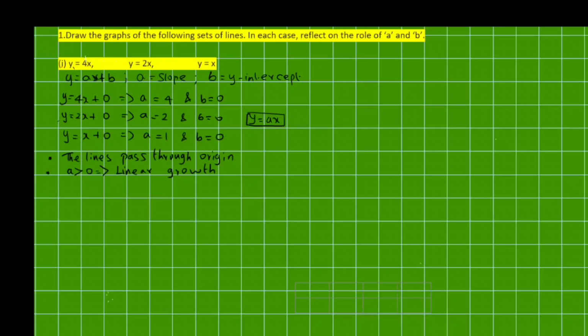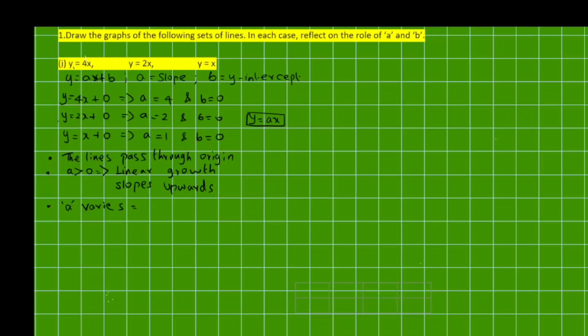Linear growth, and the line slopes upwards. And one more, a differs in all the three cases. First case a is 4, second case a is 2, and third case a is 1. A varies.